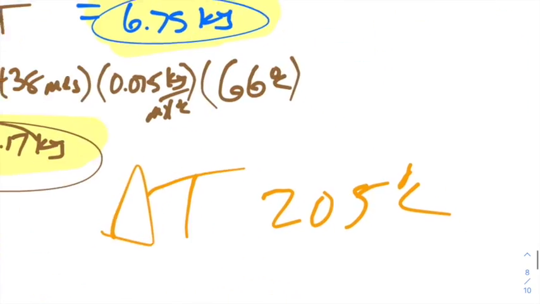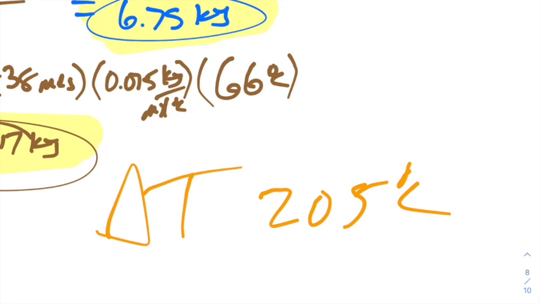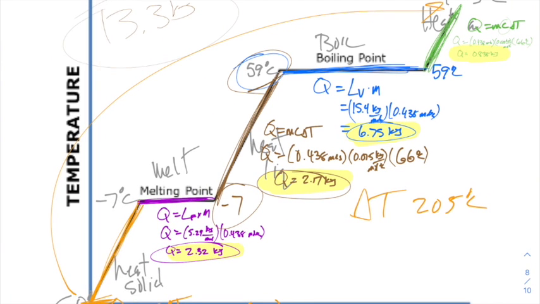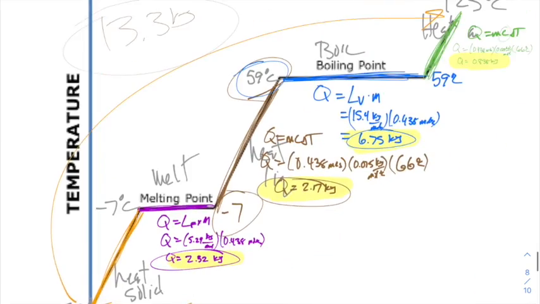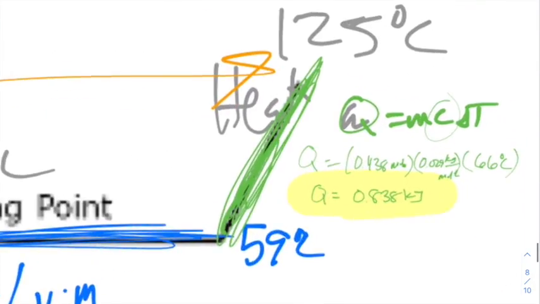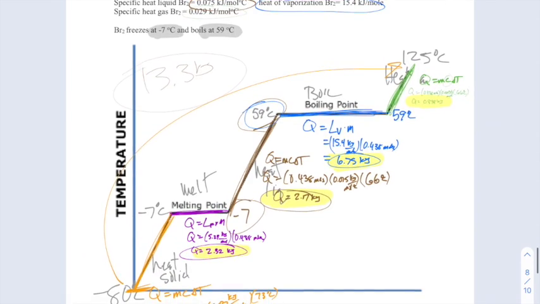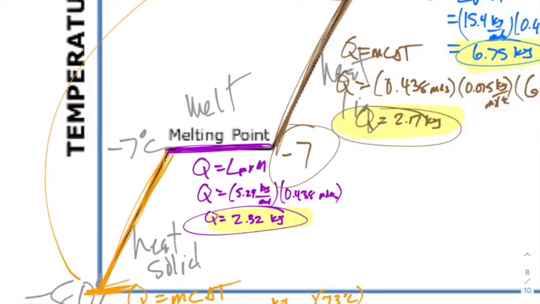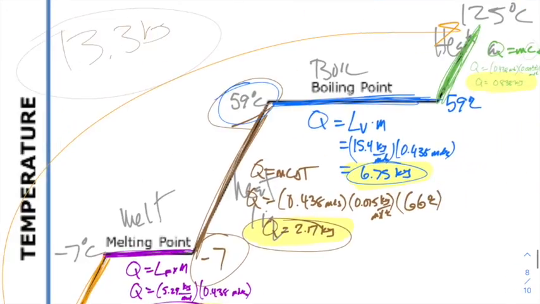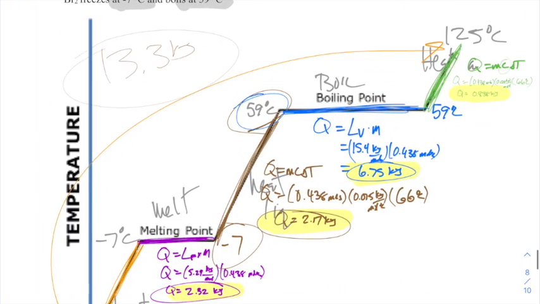If you add all of those temperature changes up, you get 205. So overall, the whole thing changed by the 205. But nowhere do you actually use the 205 because you're not changing 205 as a liquid or a solid, or 205 as a gas. You are changing a total of 205 degrees, but you are changing it in different segments, which is why you have to do this and break this up into so many different pieces.